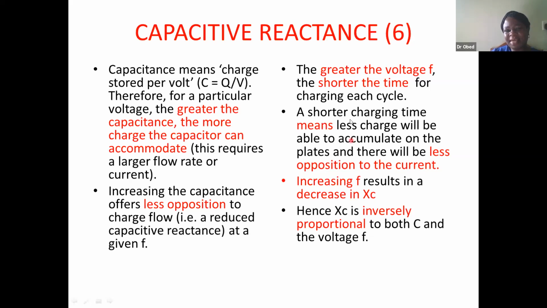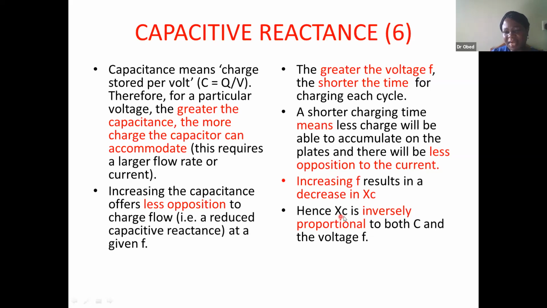I'm emphasizing some of these points to help you understand. We have explained that before in the circuits, but this is to further help you understand what we are talking about today. So I'll repeat this: a shorter charging time means less charge will be able to accumulate on the plate of the capacitor, and there will be less opposition to the current. So increasing the voltage frequency results in a decrease in the capacitive reactance.